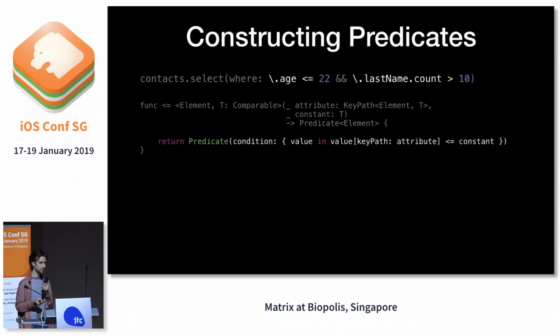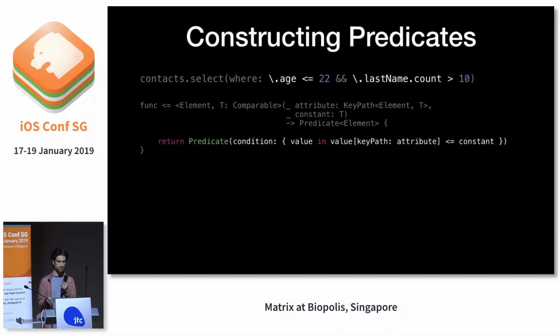And inside, what does the implementation look like? It's actually pretty simple. I want to return a predicate, so I need to call the initializer of predicate. It takes a condition as an argument, and my condition is that I have a value, and in the function, I'm using the KeyPath to get the attribute on the value, and I'm going to compare it with the constant.